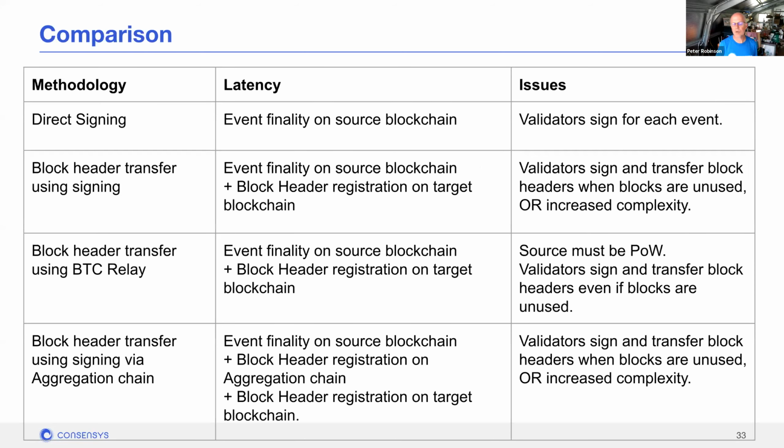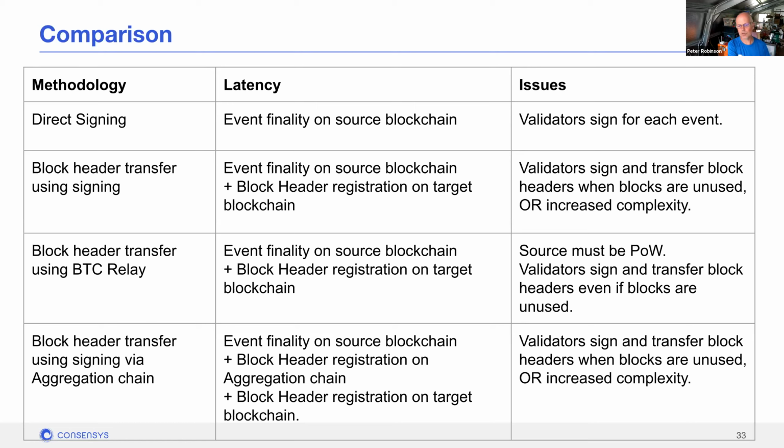So comparing all these consensus mechanisms, you can see that with direct signing, you're going to have to be signing all the time, but it's going to get the event there quickest because you've just got to wait for the source blockchain to become final. The other mechanisms, you have to wait for more finality. So there's higher latency.